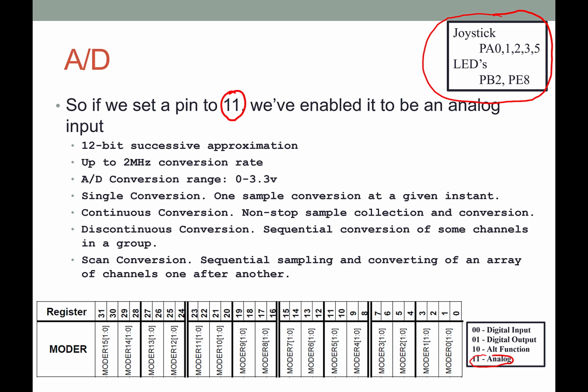Okay. A couple of things about the A to D conversion. We can have up to 12-bit successive approximation. Actually, I think in the STM32 it may be 16-bit. Anyways, that's the successive approximation, and then it says we can get a 2 megahertz conversion rate. In other words, we can do 2 million conversions in a second.